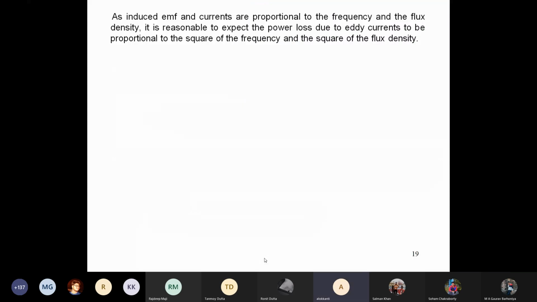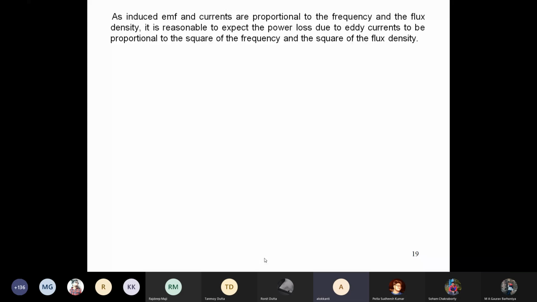The induced EMF as well as currents are both proportional to the frequency and the flux density, so it is reasonable to expect that the power loss due to eddy currents will be proportional to the square of the frequency and the square of the flux density.